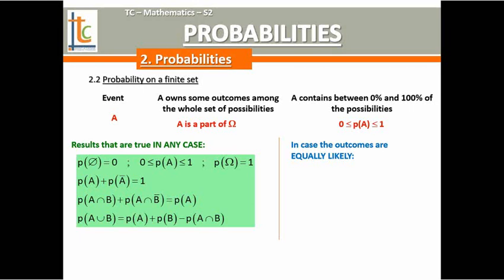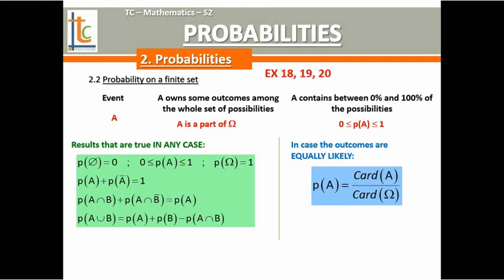If this criterion is met, then the probability of A can be defined as the cardinal number of A divided by the one of omega. That is just the number of elements of A divided by the total number of possible elements. Okay, let's apply all of that in 3 exercises.